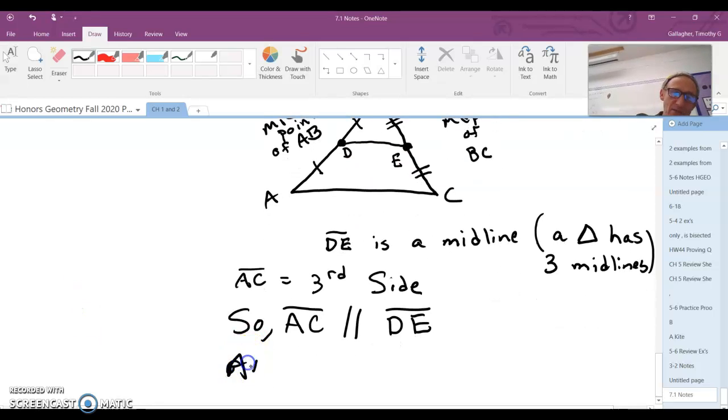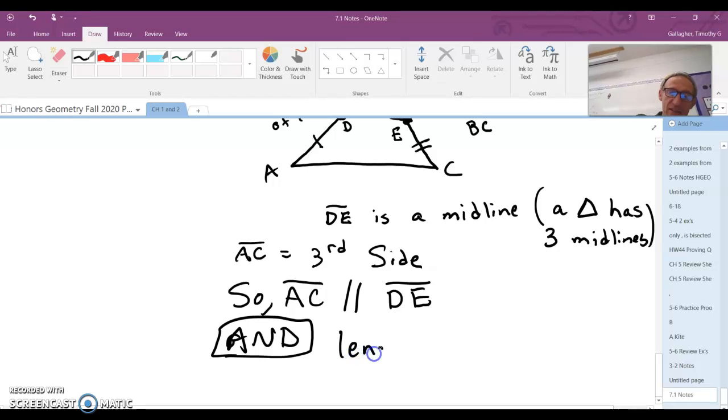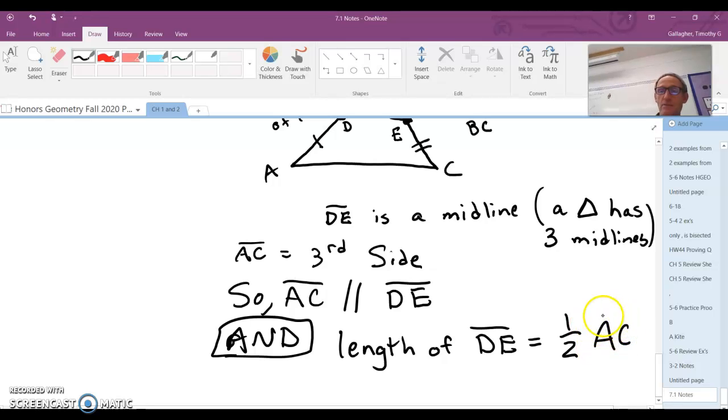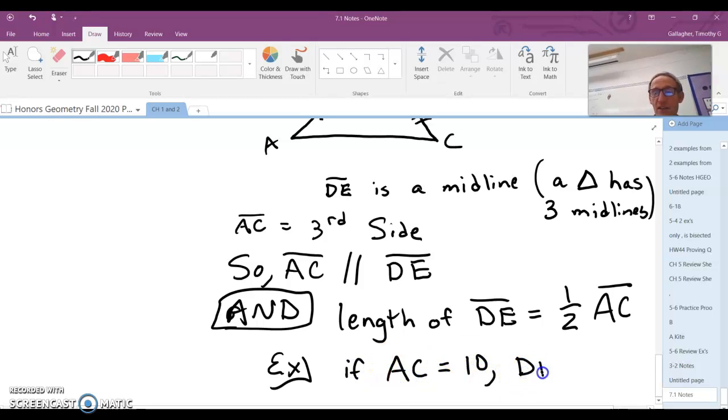And the length of DE equals 1/2 AC. Now, for example, if AC equals 10, DE equals 5.